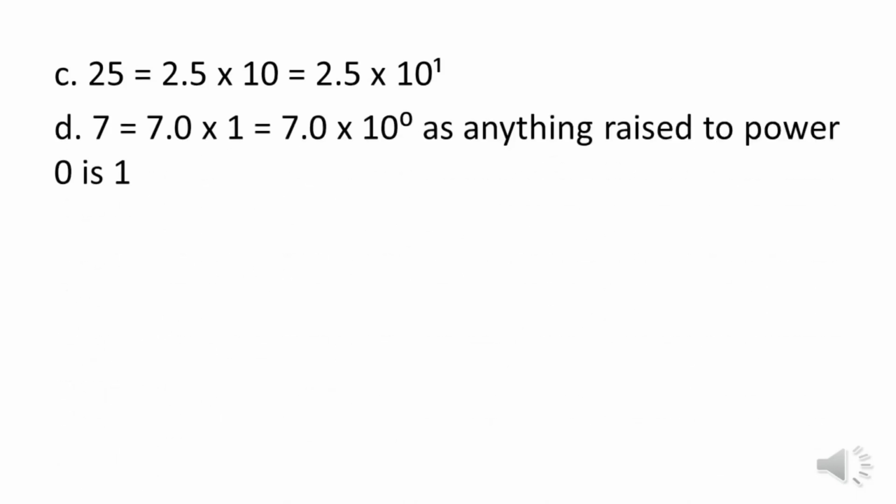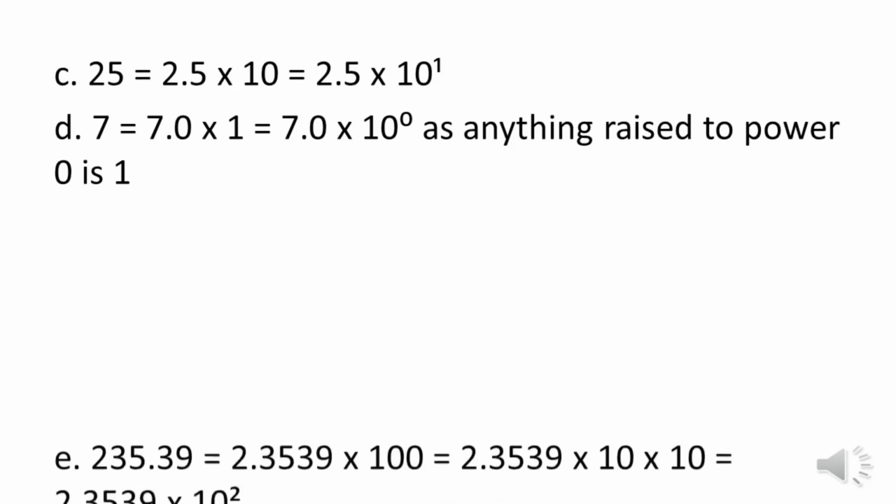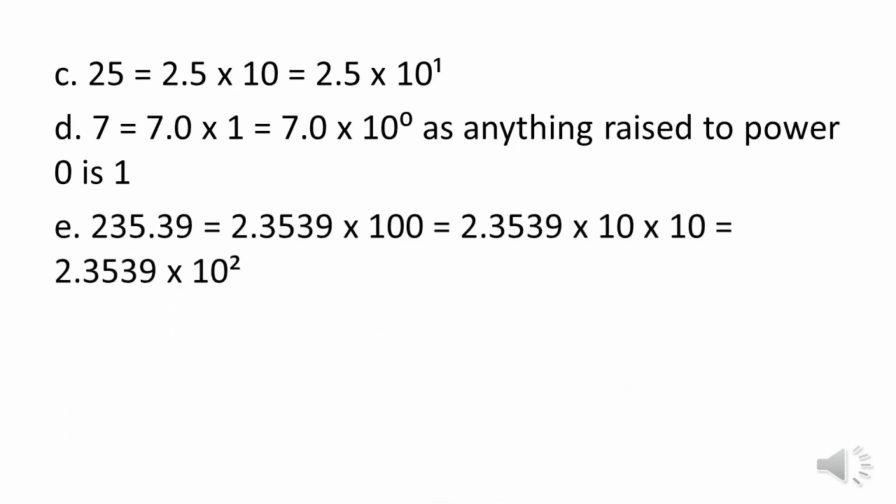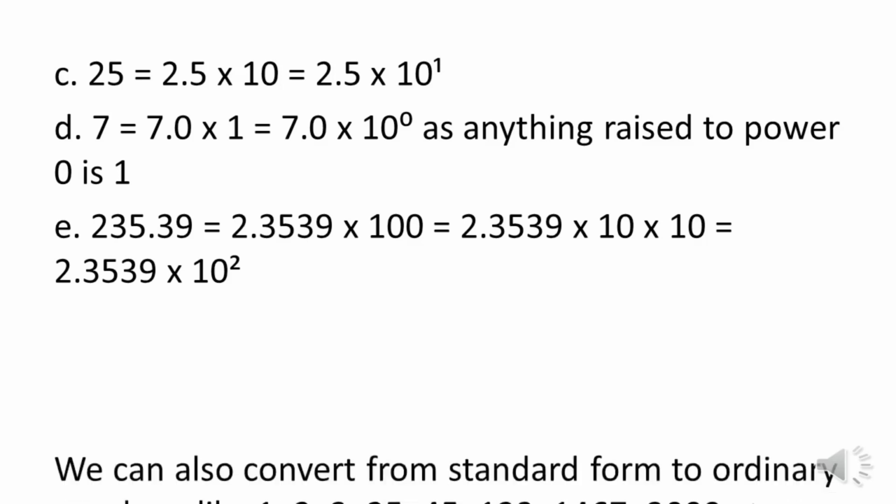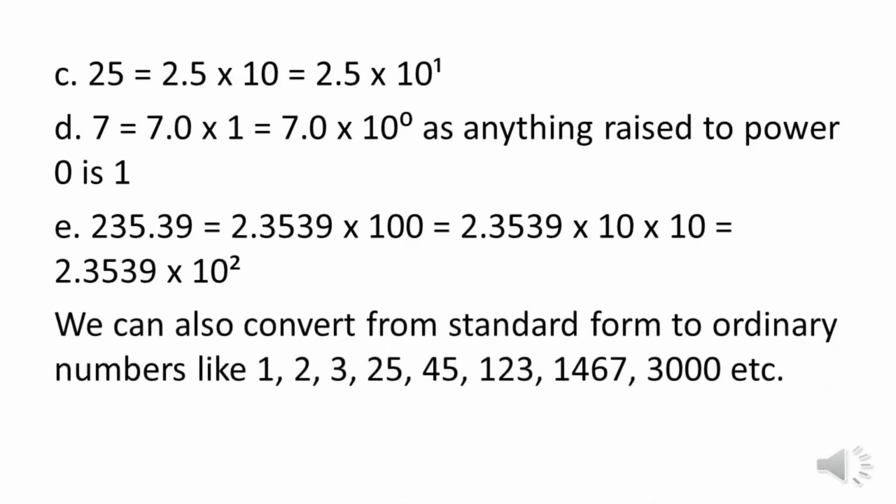D. 7 is equal to 7.0 times 1 is equal to 7.0 times 10 raised to power 0, as anything raised to power 0 is 1. E. 235.39 equals 2.3539 times 100 is equal to 2.3539 times 10 raised to power 2.